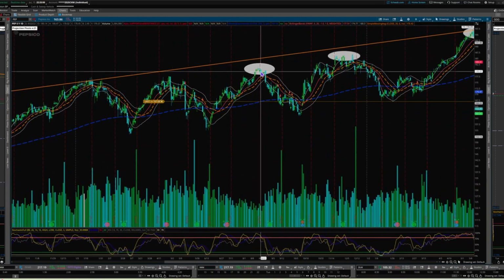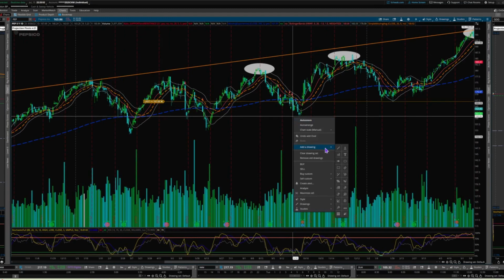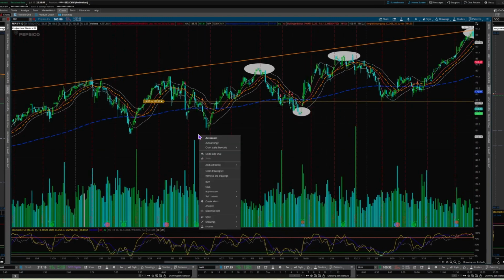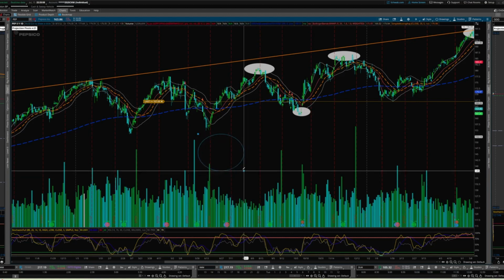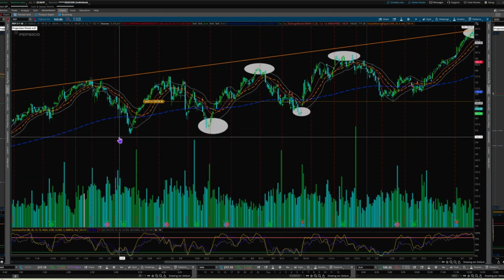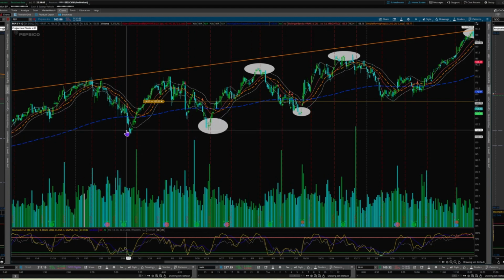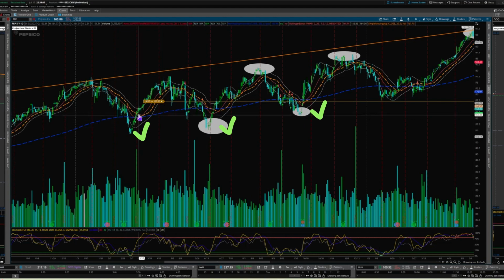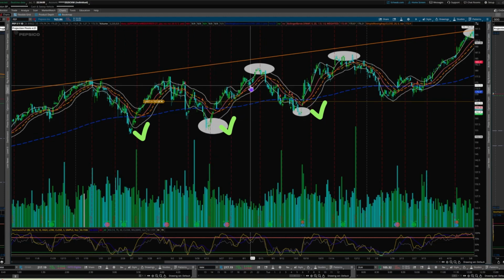Now, had you had the patience to wait and then you flip and start buying on these dips, not only are you buying at cheaper prices, but you're seeing these bull runs because the primary trend is bullish.